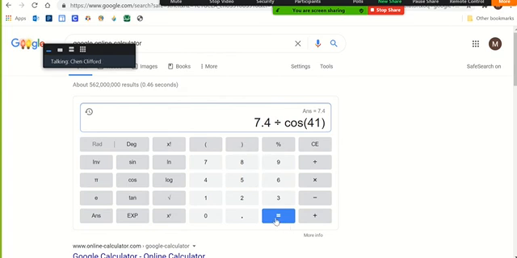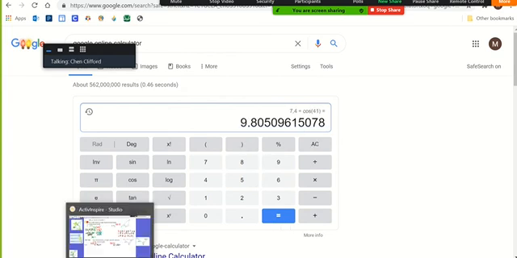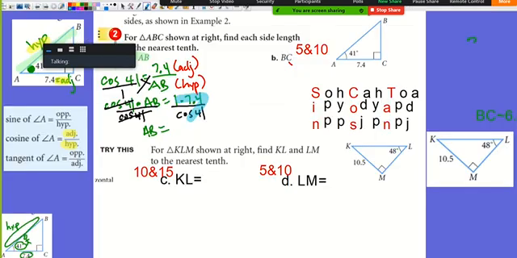Close the parentheses, equals, and I get 9.8. So AB is 9.8.